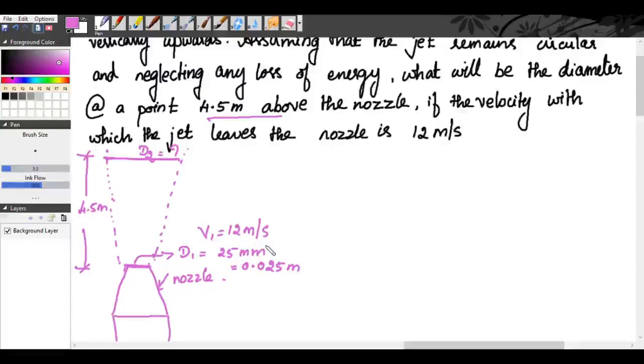Okay. So here we are going to use the concept of equation of motion. That is, we know the equation of motion, V1 square minus V2 square is equal to 2GH. Okay, so we are going to apply this.